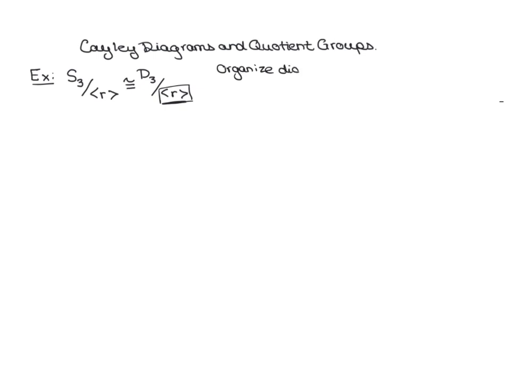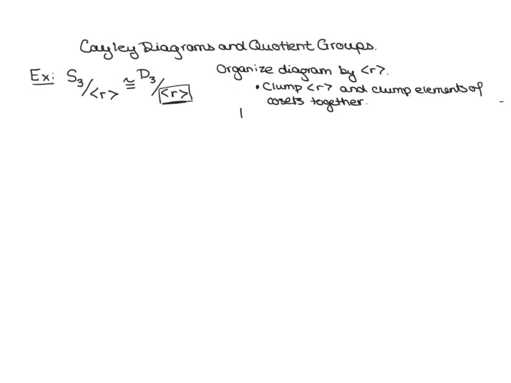So what does this mean? Well, this essentially means that we want to clump the subgroup R together, this is a very technical word, and clump elements of the cosets together.